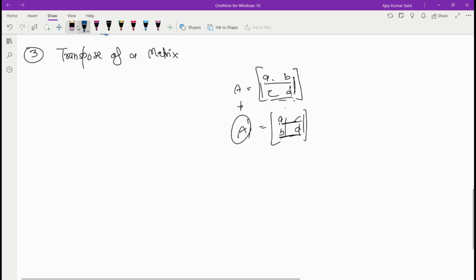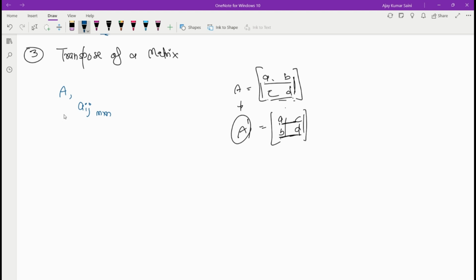So I can write mathematically, if there is a matrix A with entries aij, and the order of that is m into n.